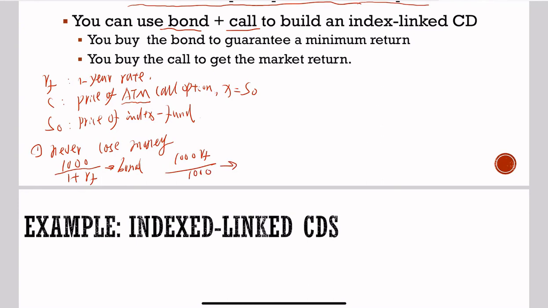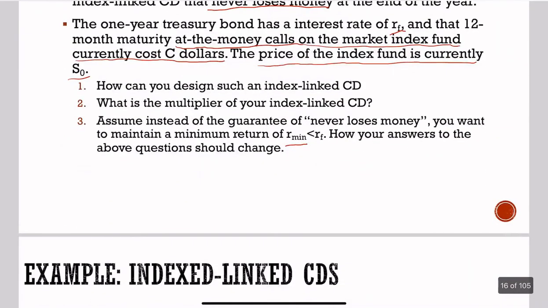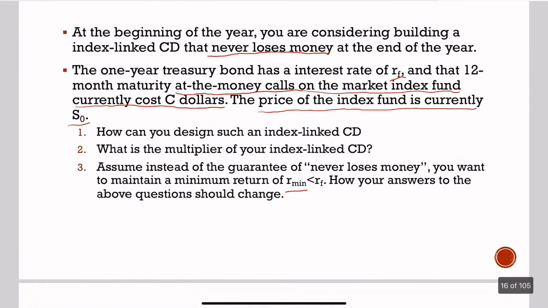You will use this amount to buy this call option. So this is how you allocate your money to build this index-linked CD. So basically, we have answered the first part.